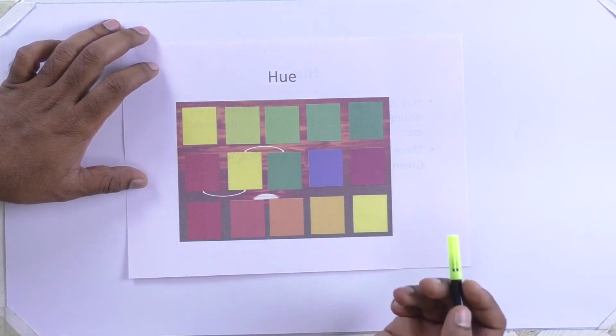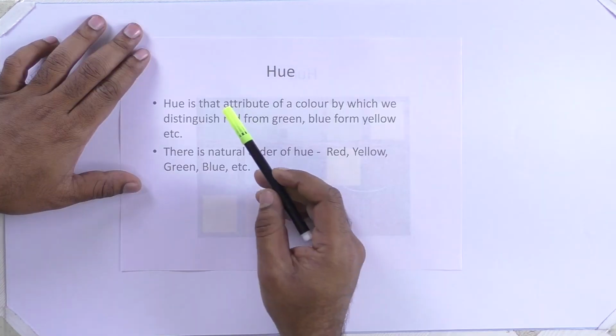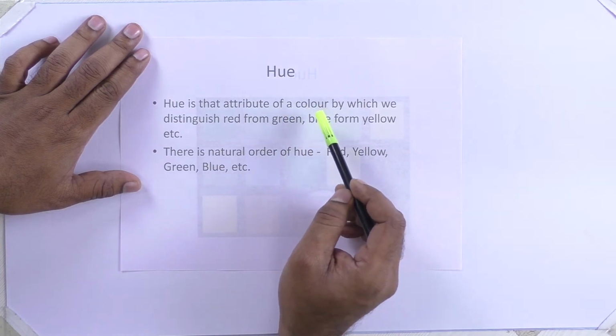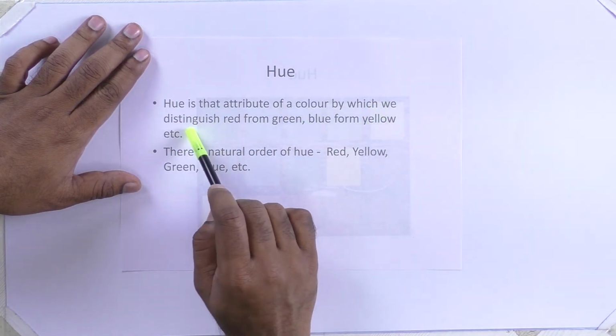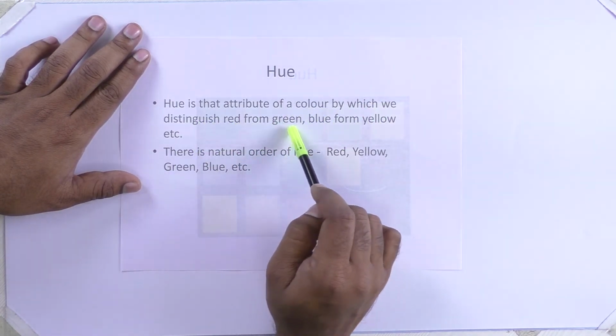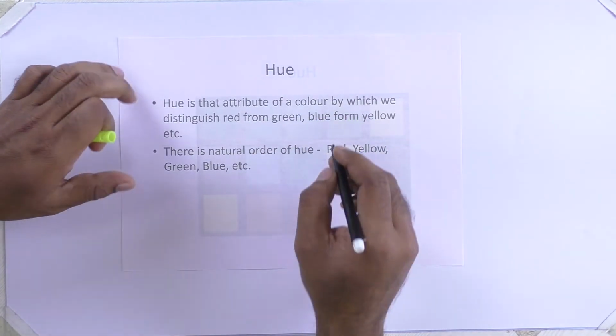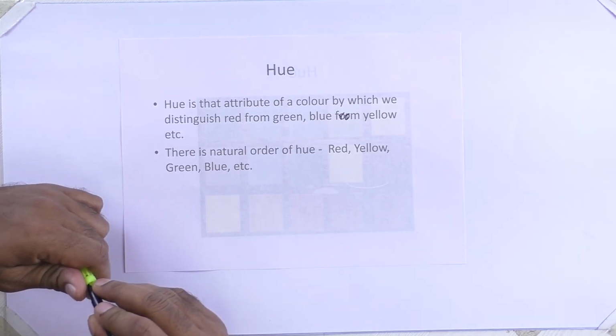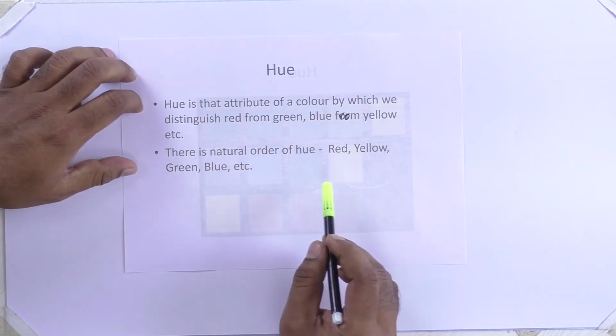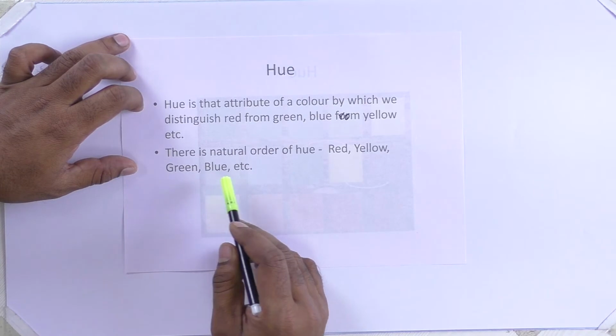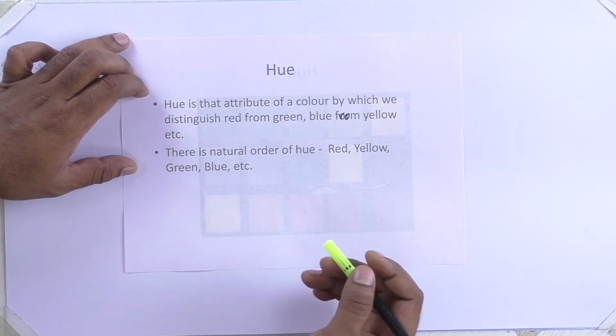Hue is the attribute of a color by which we distinguish red from green, blue from yellow. There is a natural order of hue: red, yellow, green, blue.